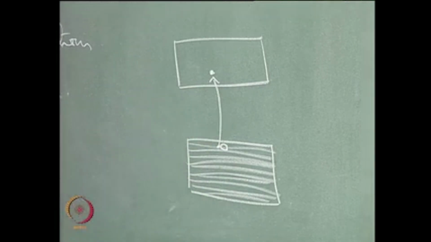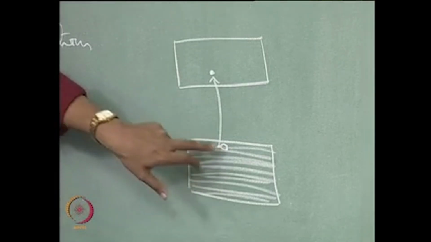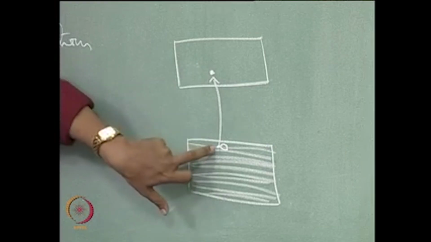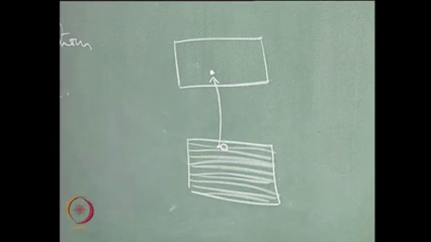That vacant location is treated as a hole. So for every electron that goes into the conduction band, it leaves behind a hole in the valence band. That is how we look at this system.